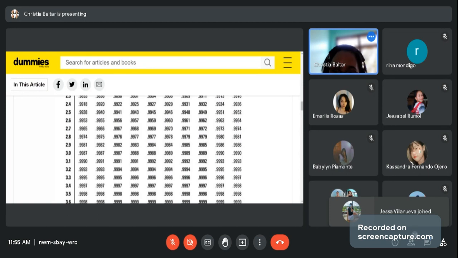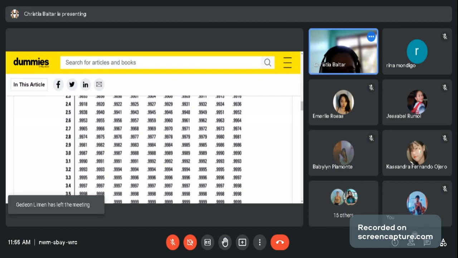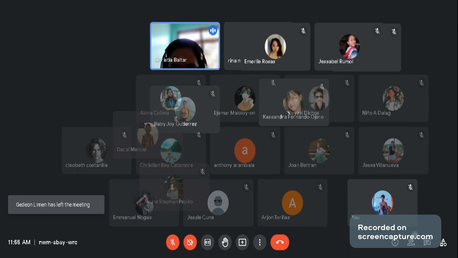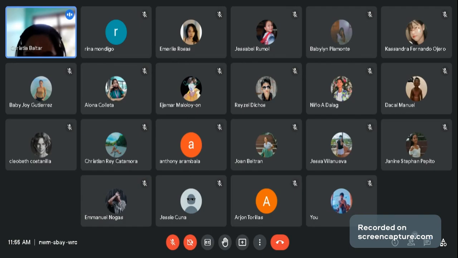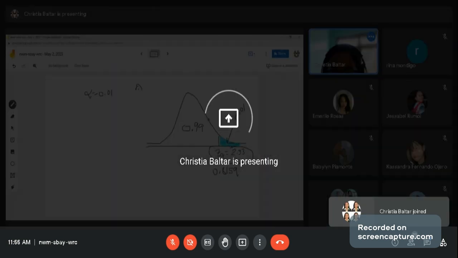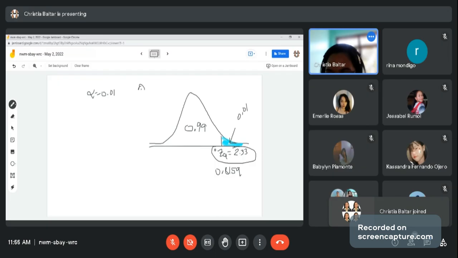What about the second situation? Would anyone like to try? Okay, let's go back to this. The whiteboard was not visible. Okay, so this one is 2.33. Okay, the values inside the normal curve, those are probabilities.